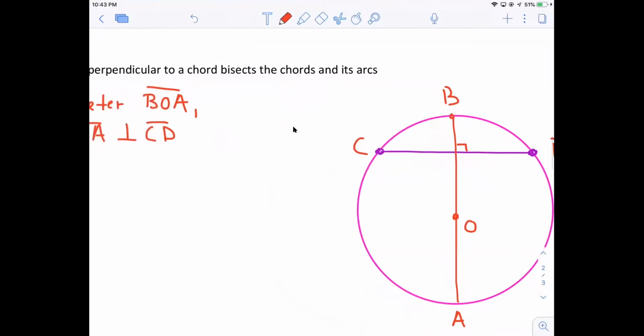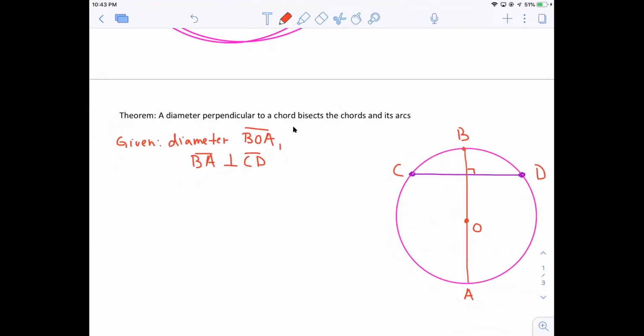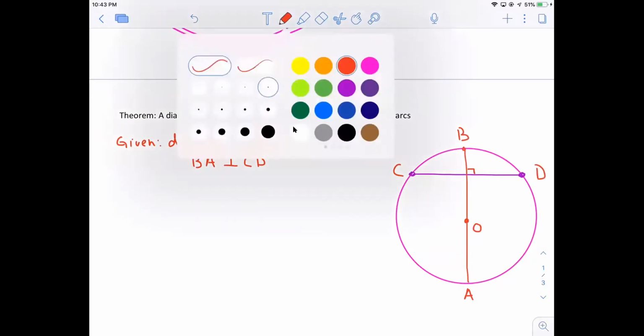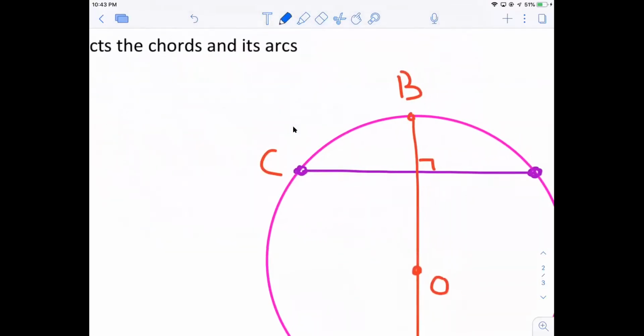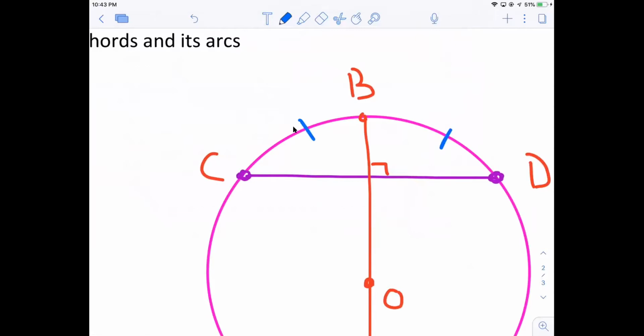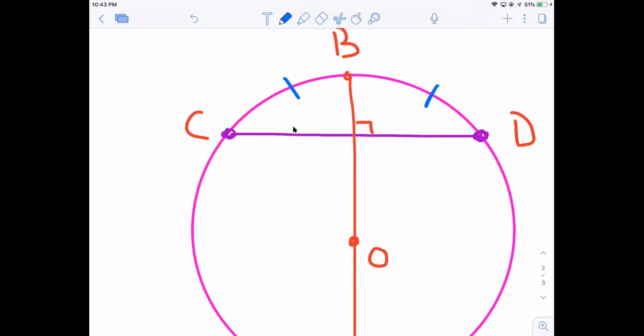So we want to prove arcs congruent. Based on our last proof, anytime we want to prove arcs, like CD and BD congruent, that's going to involve central angles. And right now, I don't see any central angles, so we're going to have to draw those central angles in.